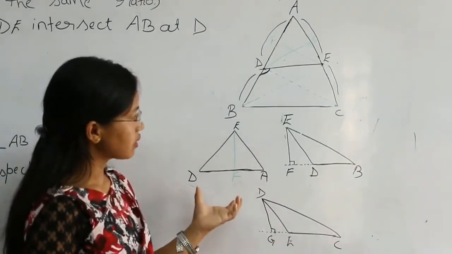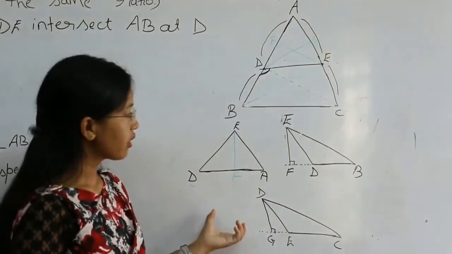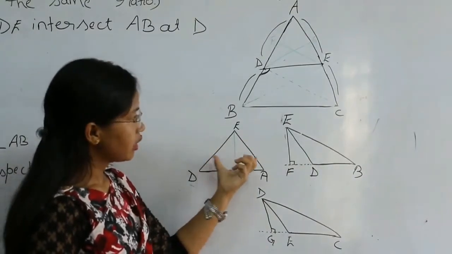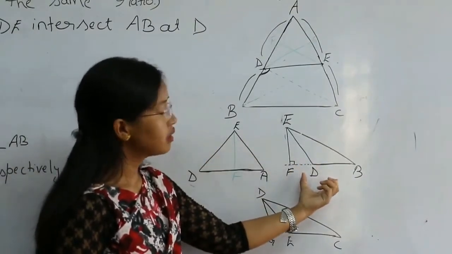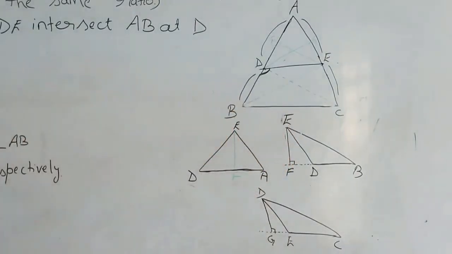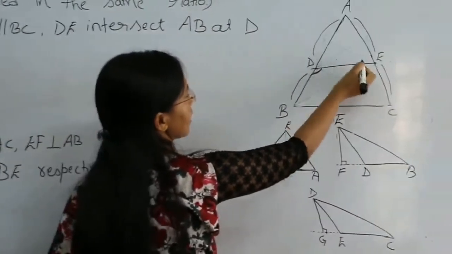So having understood how to list down the height and the base of these triangles, let us take the ratio of triangle ADE with triangle BDE. So here, proof. First we'll concentrate on this perpendicular EF.